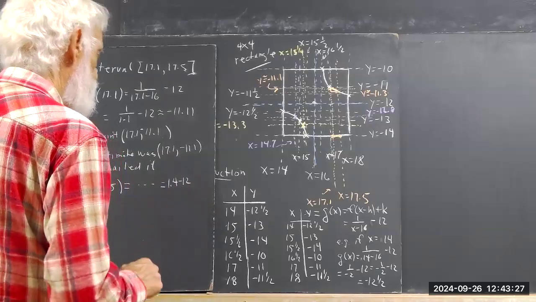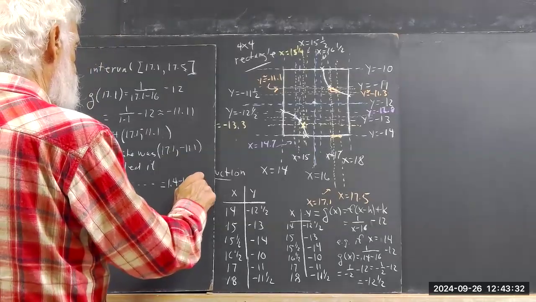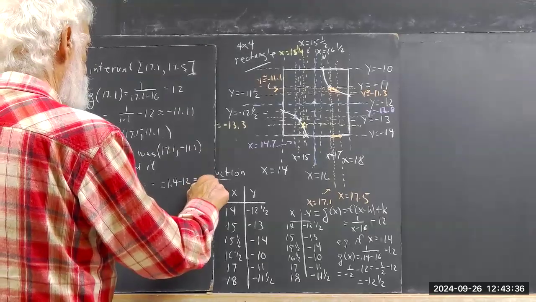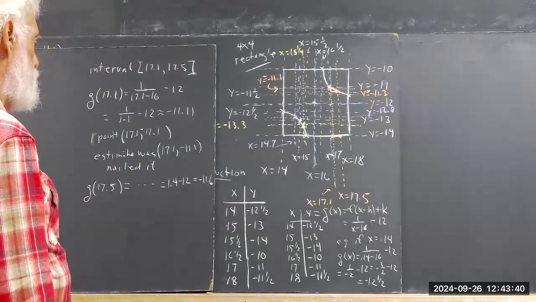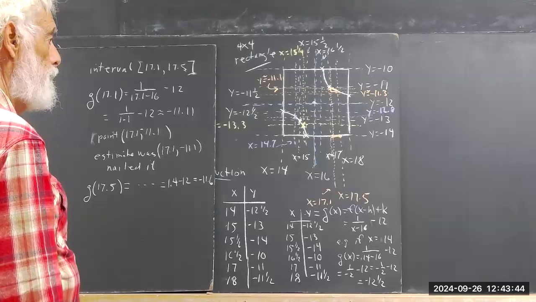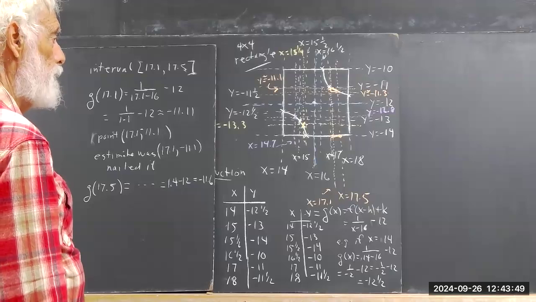Reciprocal of 0.7 is about 1.4. That's negative 11 point. Something's wrong. I don't know. Negative 11.6.